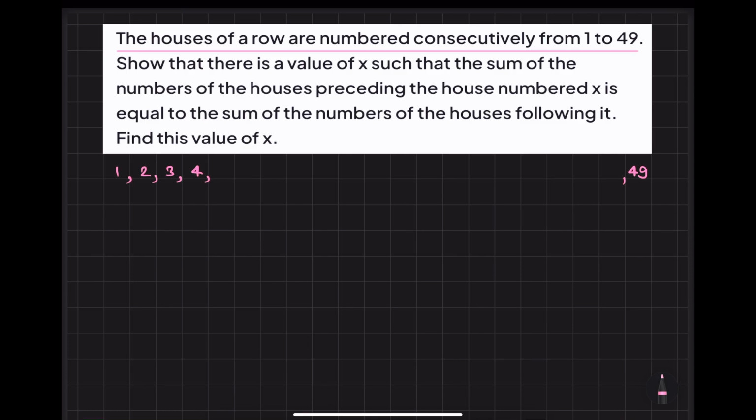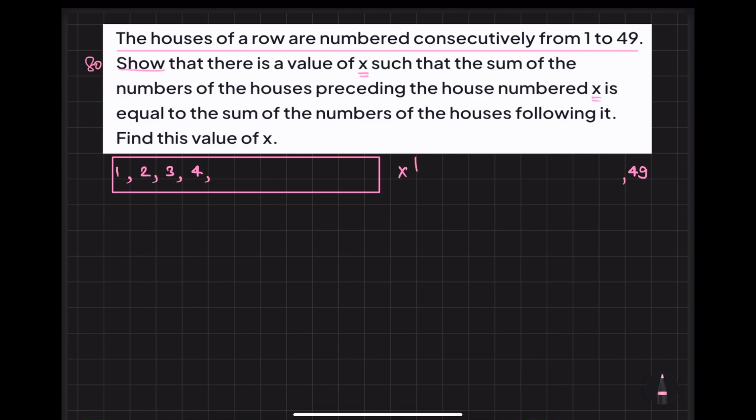Now there is a value x such that the sum of the numbers of the houses preceding the house numbered x is equal to the sum of the numbers of the houses following it.